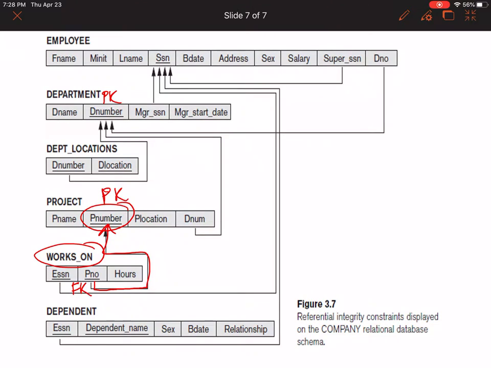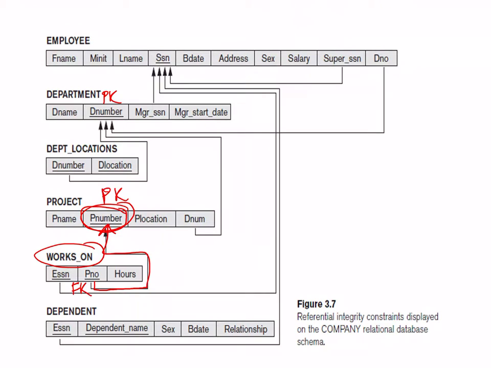So the entire purpose of doing all this cross connectivity is that it makes sure that the integrity of the data is maintained. Okay. And on top of it, the duplication of the data is also curtailed, because I need not store the project number or a lot of other things. Suppose I have the connectivity between these two tables.